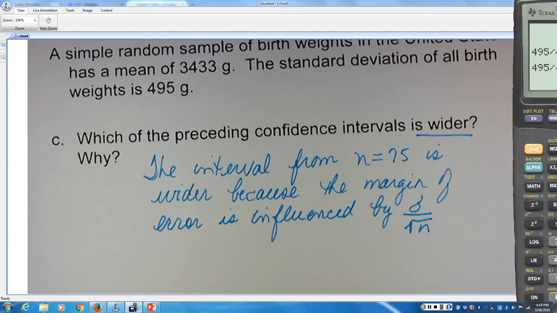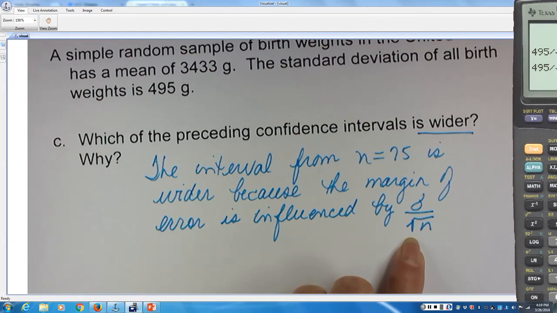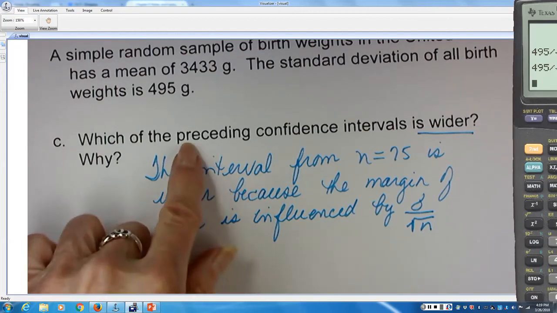Okay? Z alpha over 2 was the same in both of them, because it's based on the 95%, nothing else. This is the only thing that changed. And it made the interval wider for the first one because the sample was small.